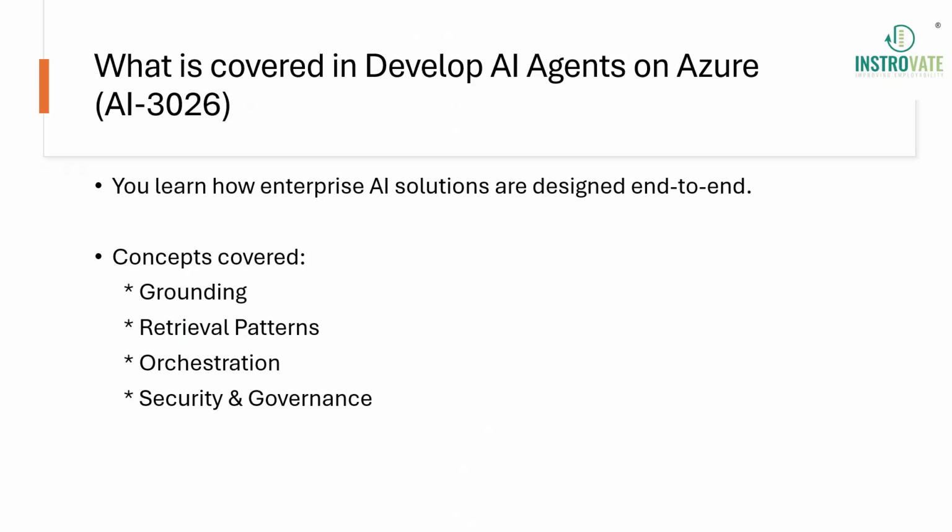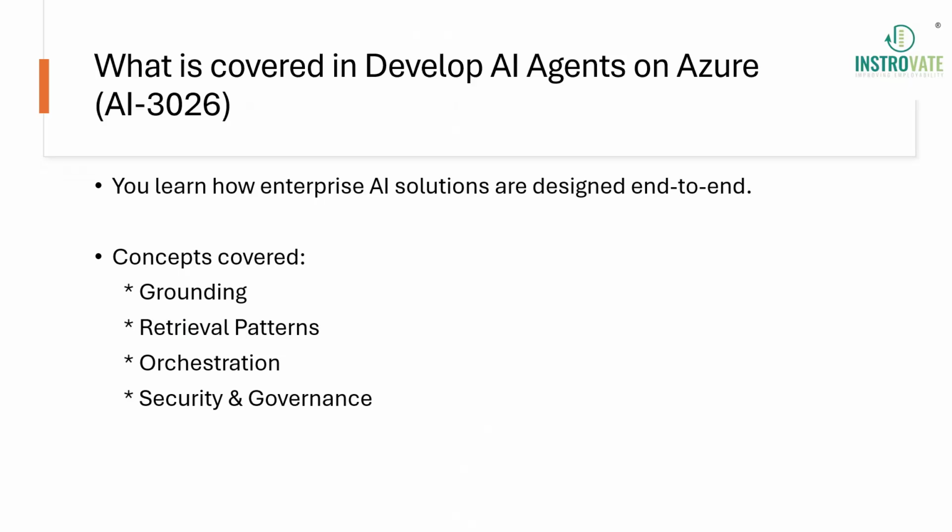Next, we discuss orchestration. Enterprise AI is never just one prompt. There are steps, there are decisions, there are controls involved.